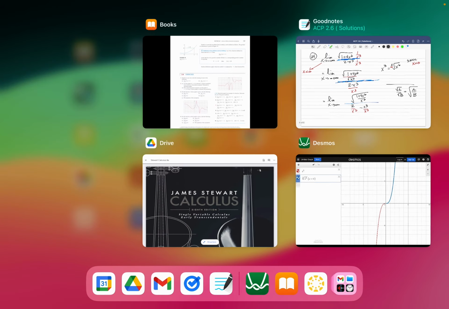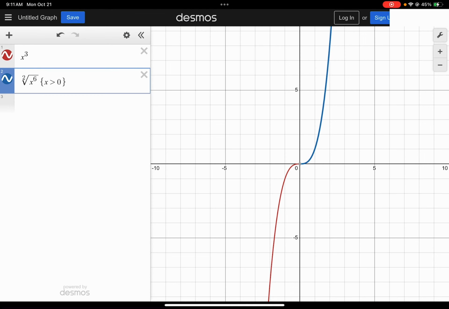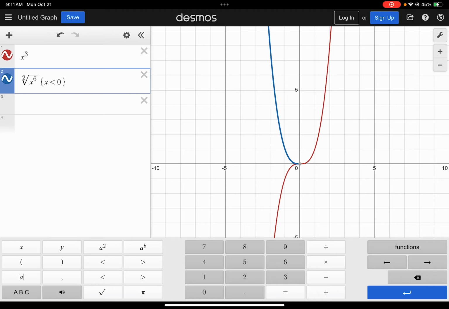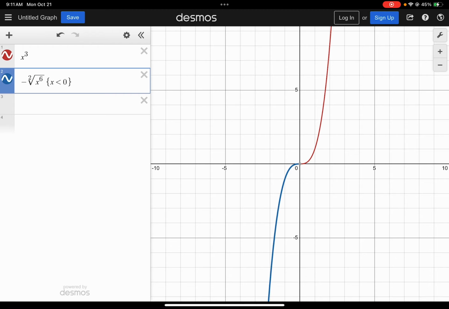Let's see if that's true in Desmos. Well, over here now if we go for x is less than 0, I would have to introduce a negative. So now you see that x cubed over here on the left and negative the square root of x to the 6th are the same function.